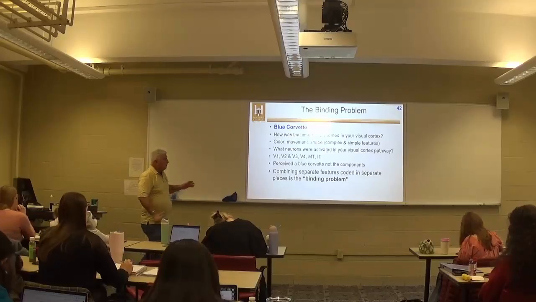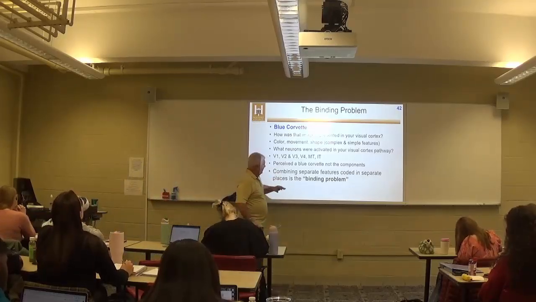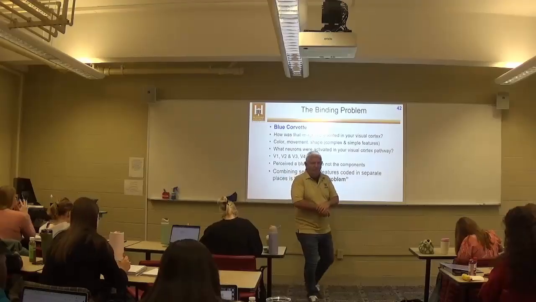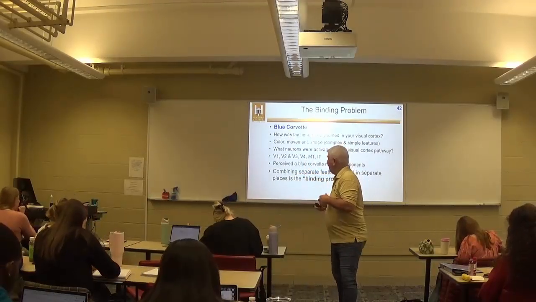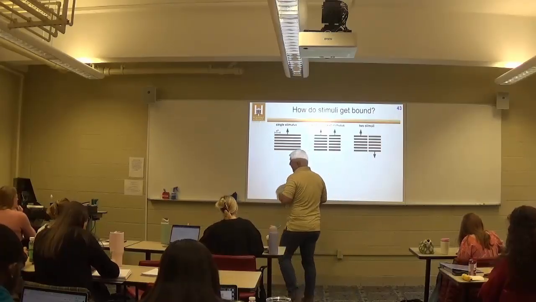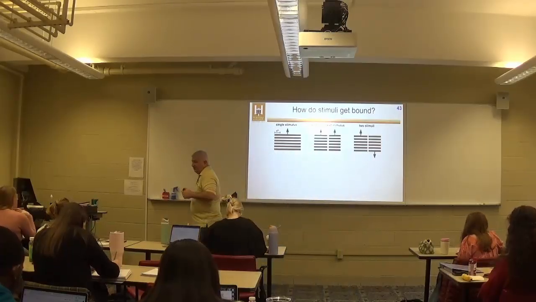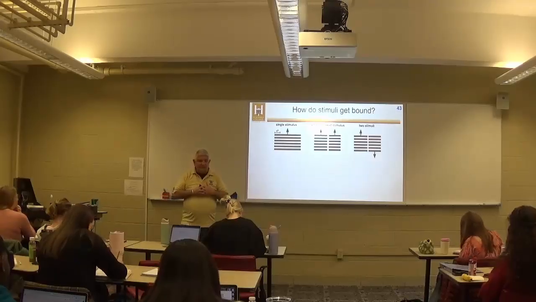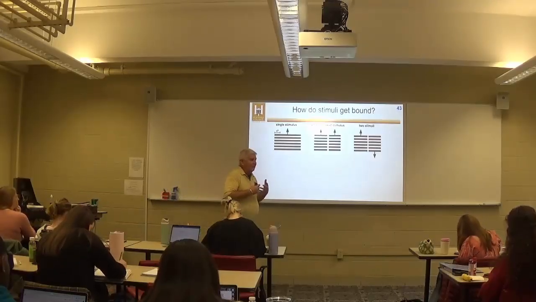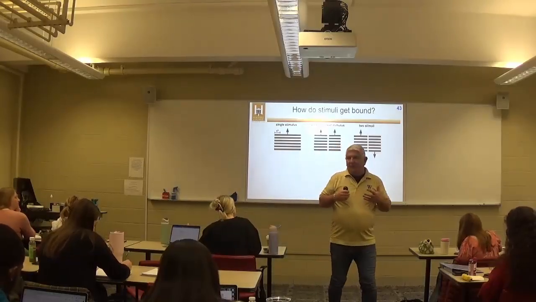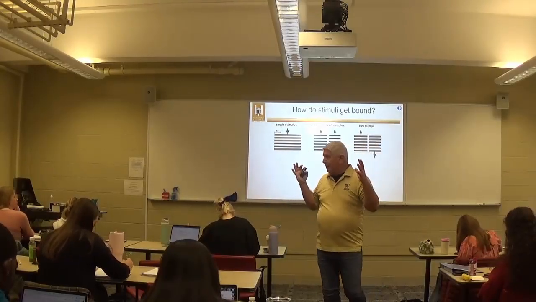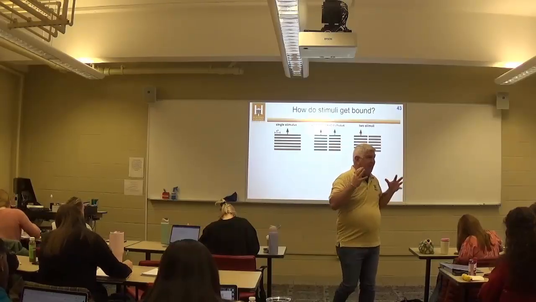So how we combine features that are coded in different places in our brain is the binding problem. And it turns out that synchronous activity, neurons that are firing at the same time, become bound together, become that image.